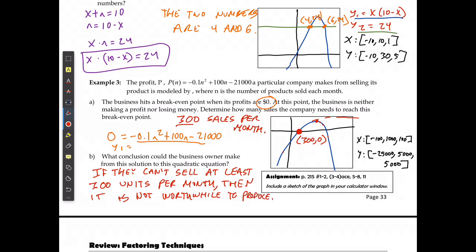If they can't make the break-even point, there's no point in making the product.